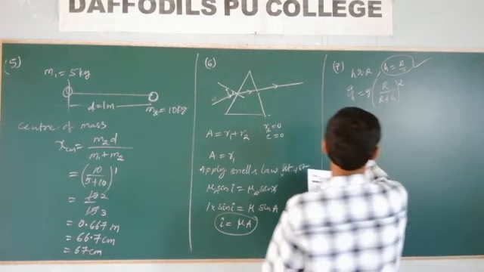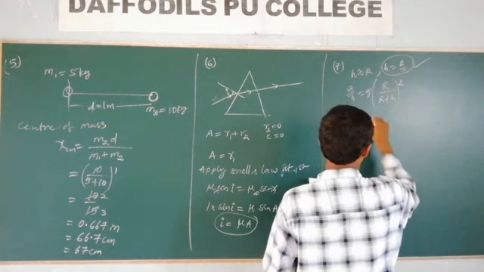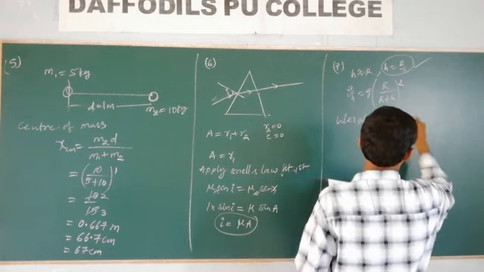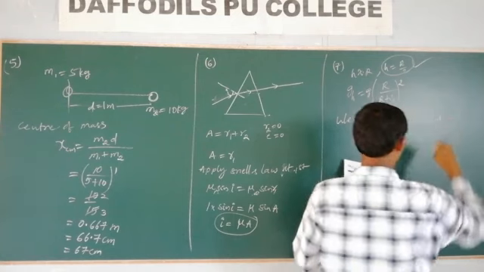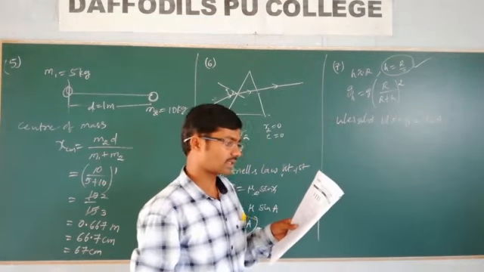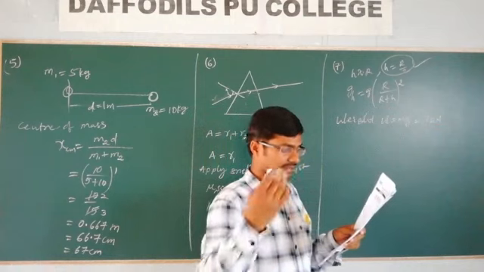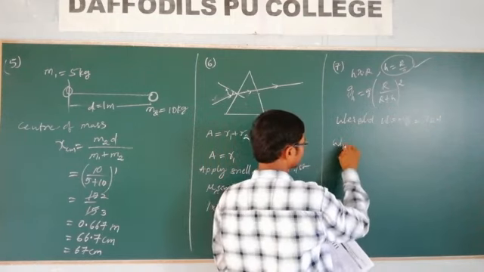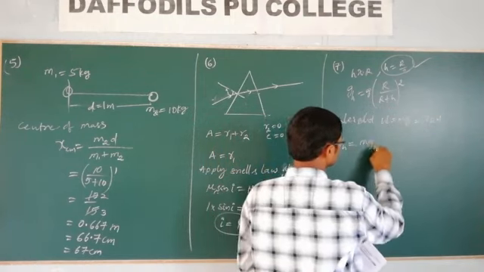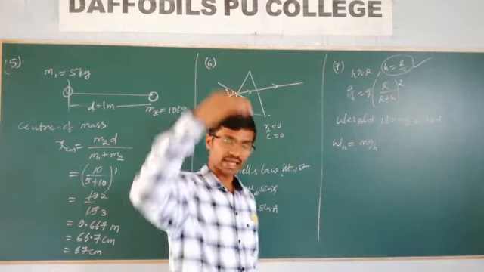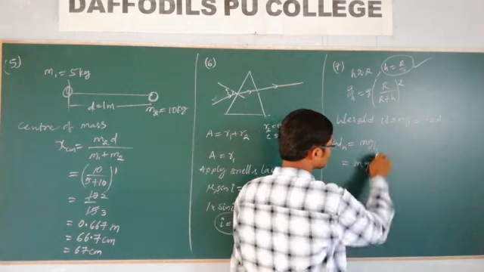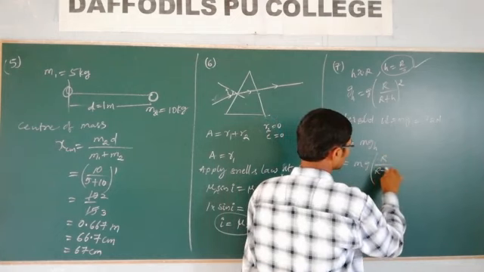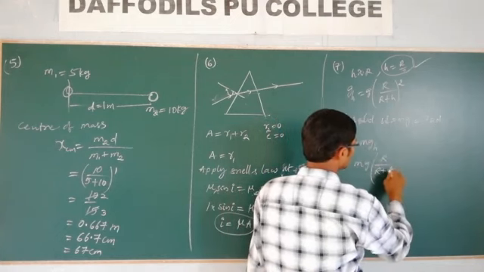Now weight on the surface of the earth, W is equal to mg. That is given, 72 Newton. What is the gravitational force on it at that height, means the weight at that height, that is m into g into R by (R plus h) whole square, with the value of h as R by 2.